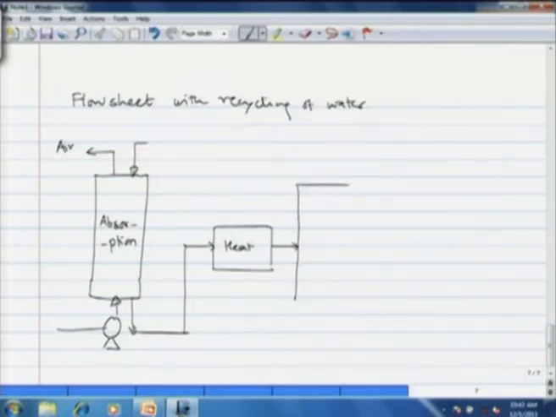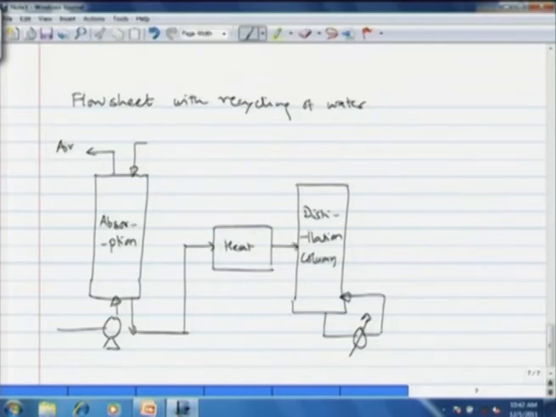Then the distillation column. Now here at the outlet of the distillation column, we have the recycling of water.